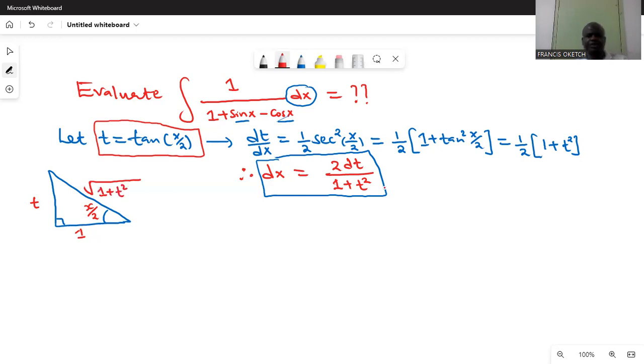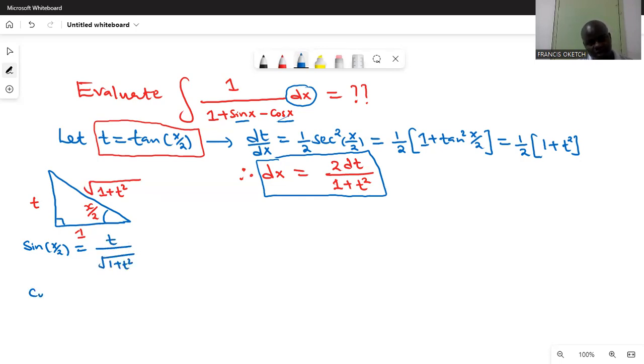So from that triangle, we can now find sine x over 2. Use SOHCAHTOA. That will give you t over root 1 plus t squared.